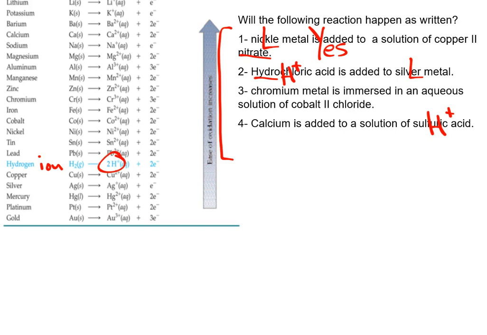So number 2 definitely does not react because your loner is silver. Your ion is hydrogen. It doesn't work if your loner is lower. Good job. Okay, try 3 and 4. Nothing underneath hydrogen will react. Correct. So with your lab partner, determine if number 3 and 4 will have a reaction.